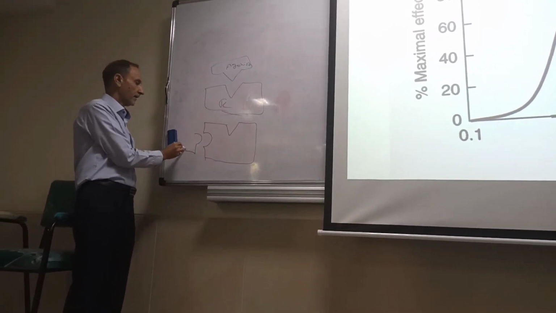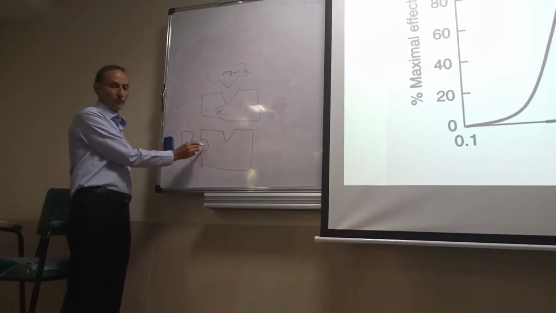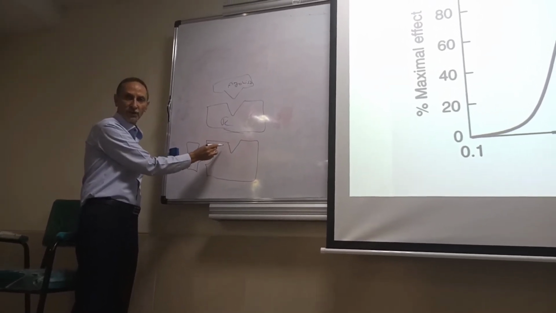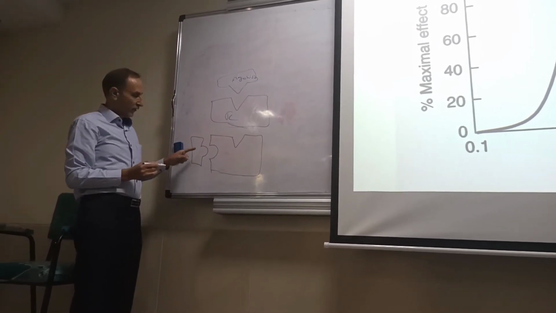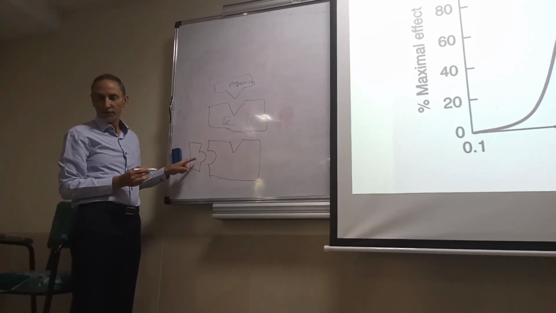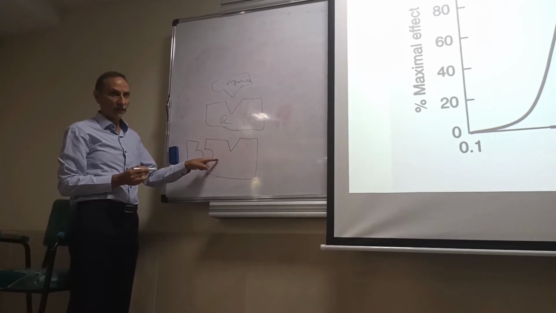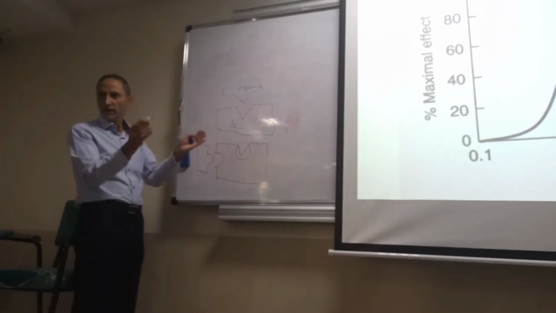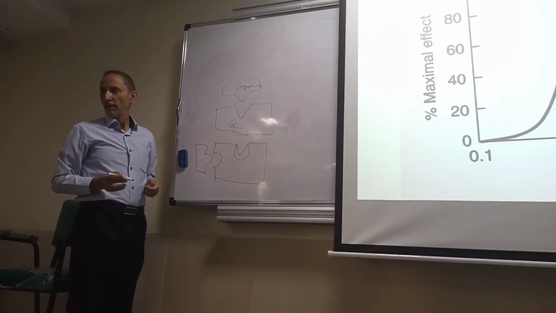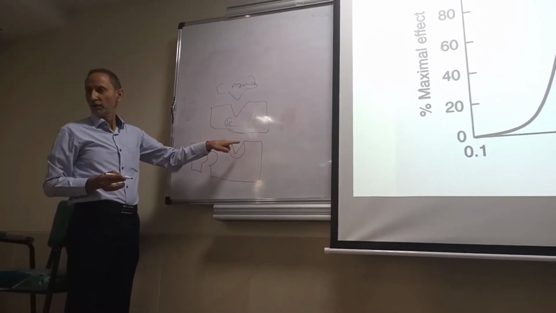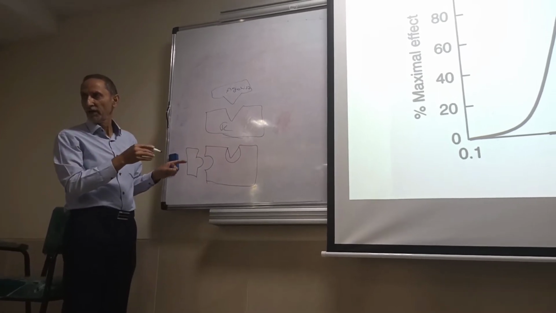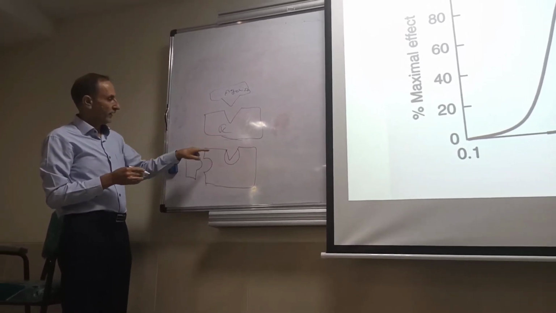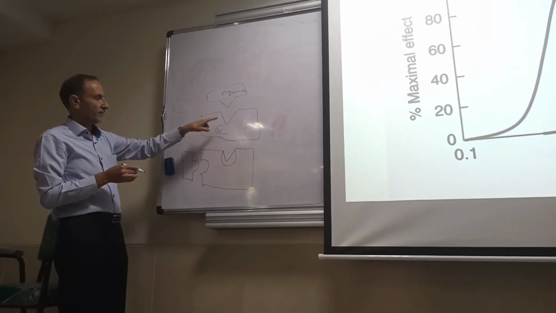And then, when it binds, we have a change in the dimensional structure of this site. When the non-competitive antagonist binds with its site, we have changes in the structure of the binding site for agonist. So agonist cannot bind with the receptor. Here we see how there is a difference.